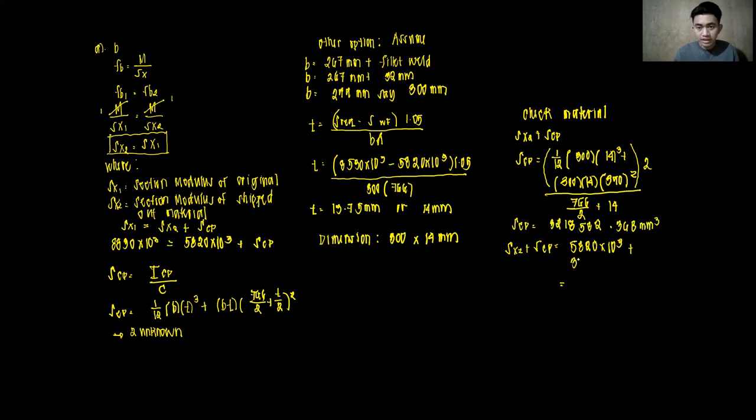So we just add 321,852.368, plus 5,820 times 10 raised to 3. It is the same.